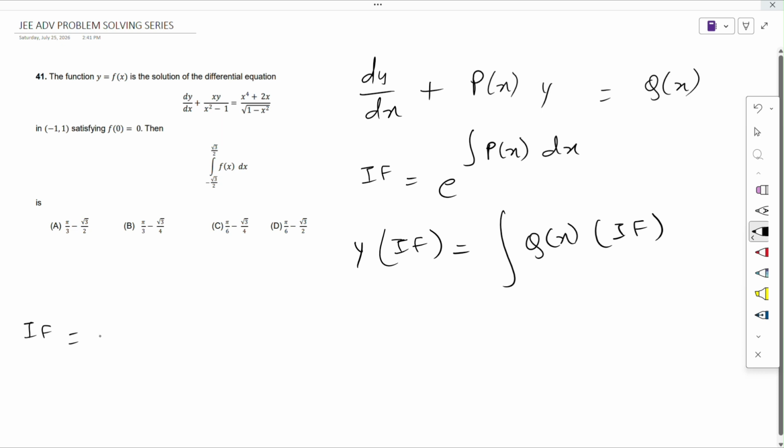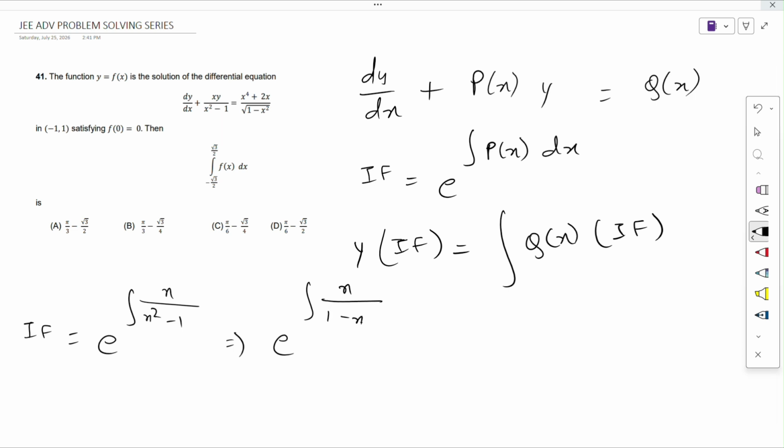The integrating factor will be e to the power integration of p of x dx. Now in this equation p of x is x upon x square minus 1. To integrate this, first I'll write it as 1 minus x square.